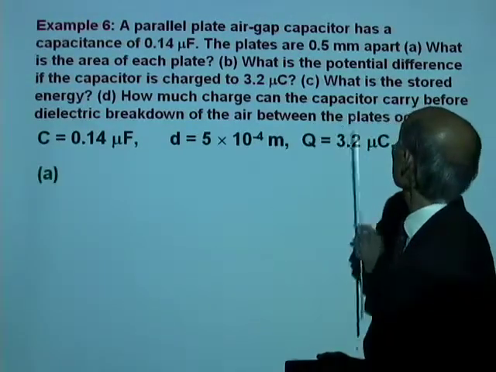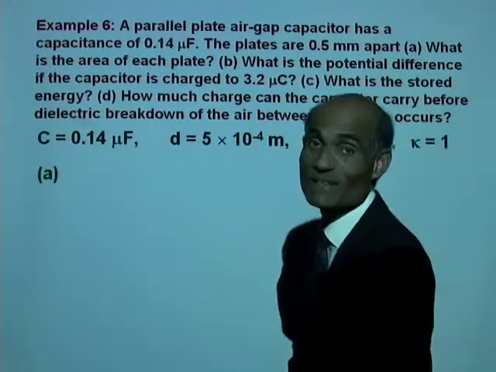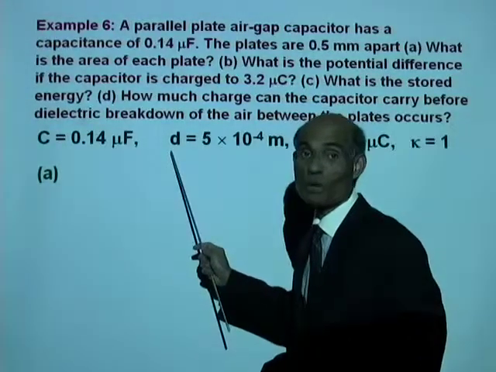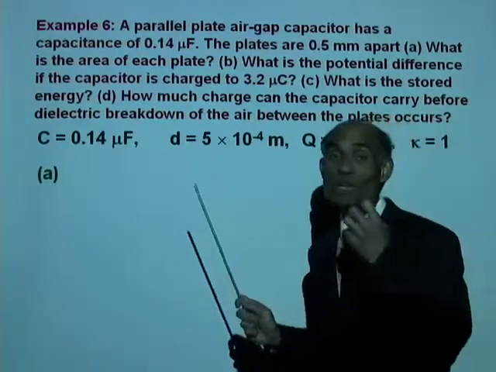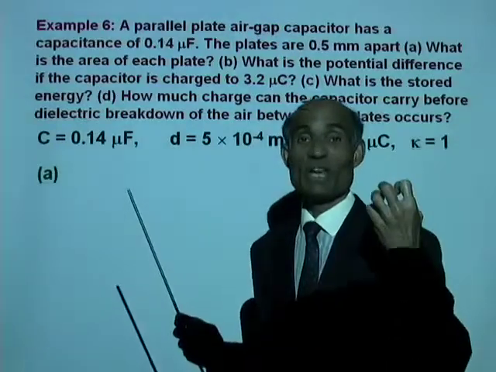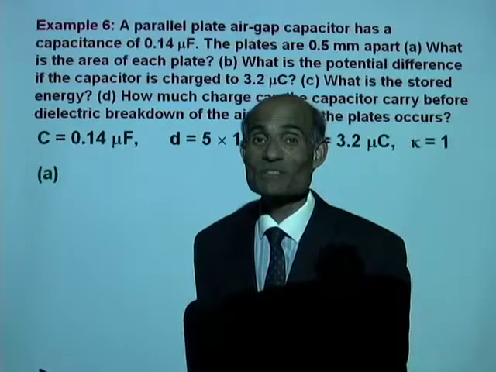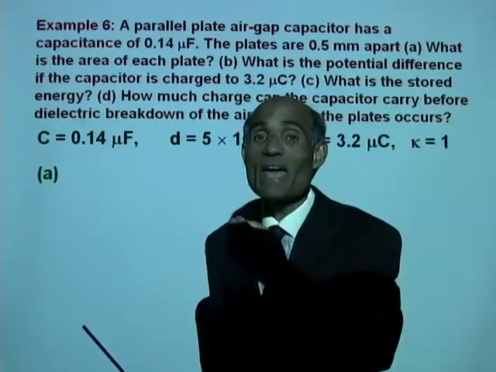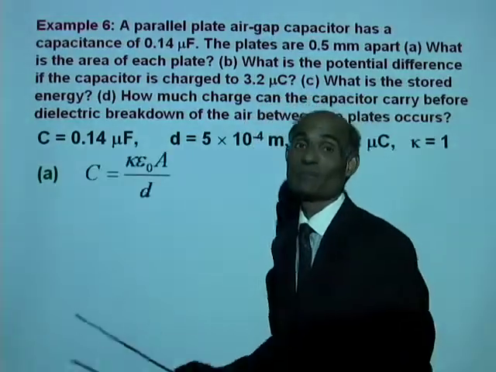In part A, what do we need? What is the area of each plate? Well, you know the capacitance, you know the plate separation, you know kappa, you know epsilon naught. We can find the area because the capacitance of a parallel plate capacitor is kappa epsilon naught A over D. The only unknown there is your area.